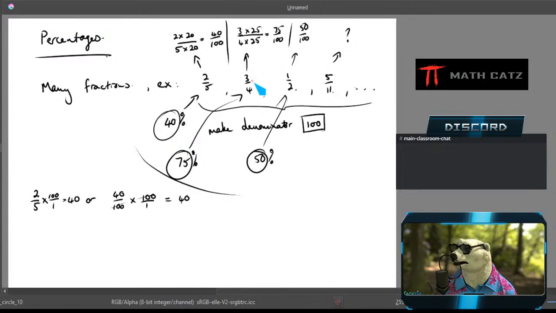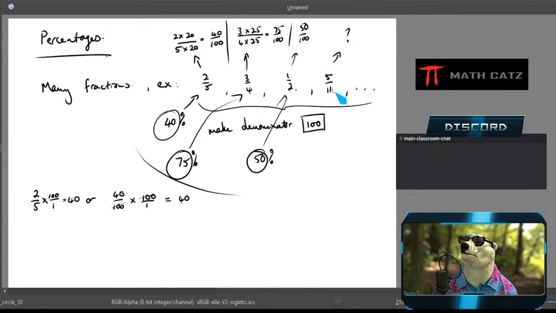I can do that for 3/4 times 100 is going to be 75. 1/2 times 100, obviously 50. So I don't have to think about the full fraction over 100. The 100 is standard. I'm just looking for the numerator. So I can take my original fraction, multiply by 100, and out comes the relevant part of the percentage value.